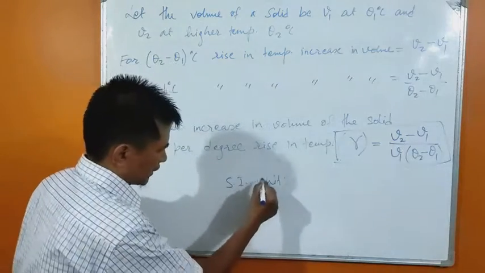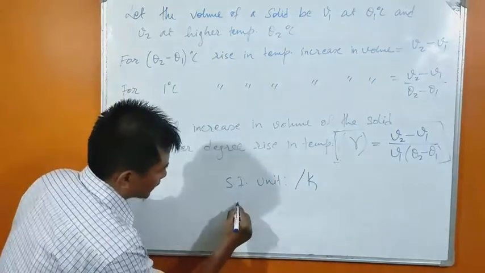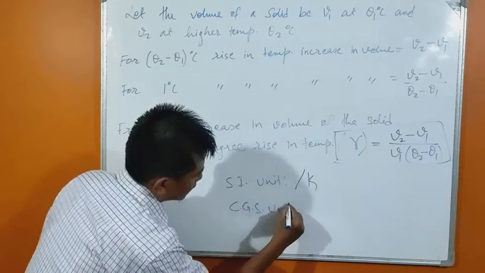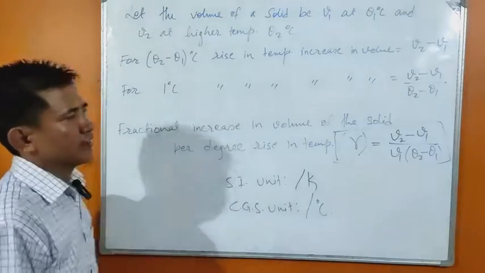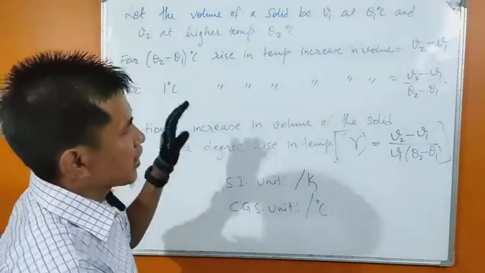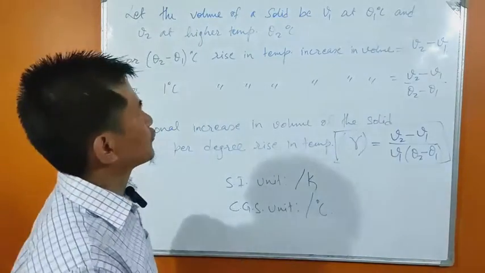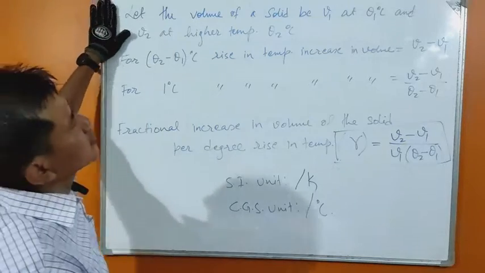So SI unit is per Kelvin and CGS unit is per degree Celsius. I hope you got this. Now let us find the increased volume, that is V2. Let me erase this. Please take the screenshot.